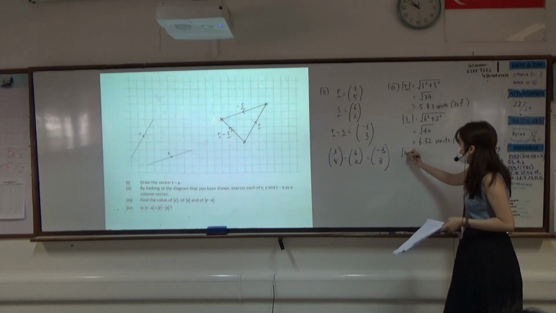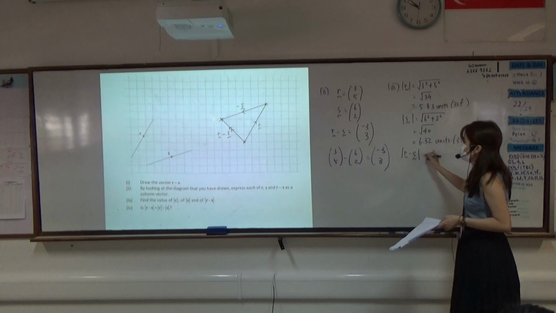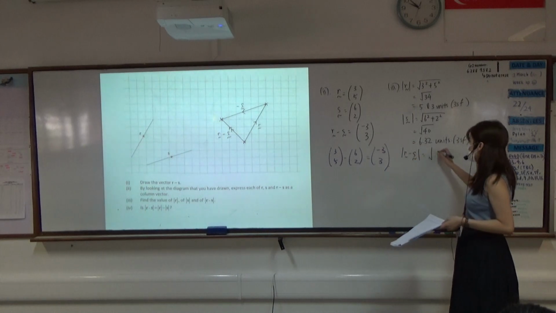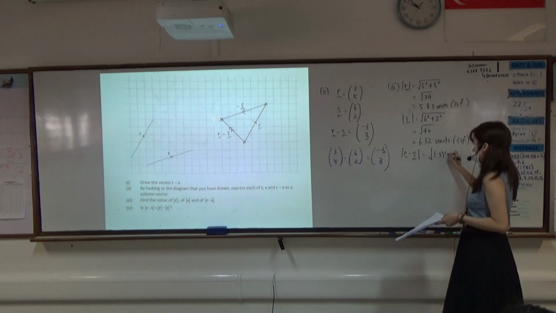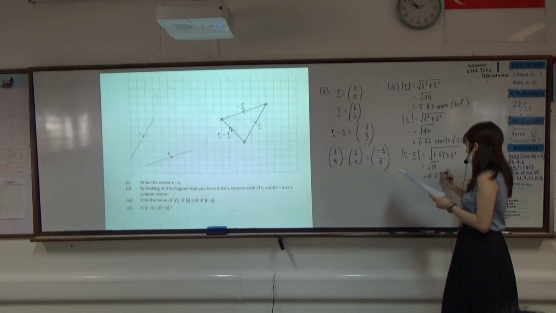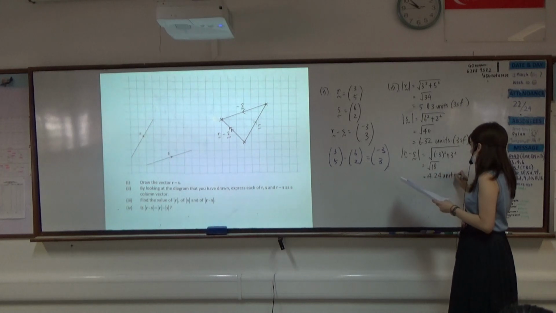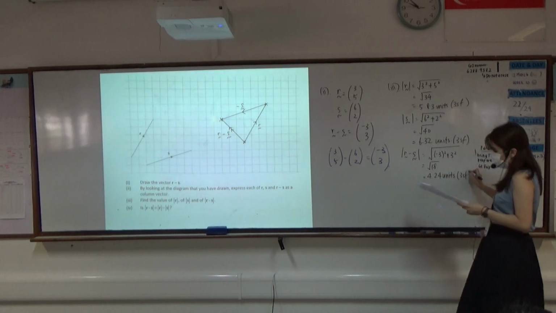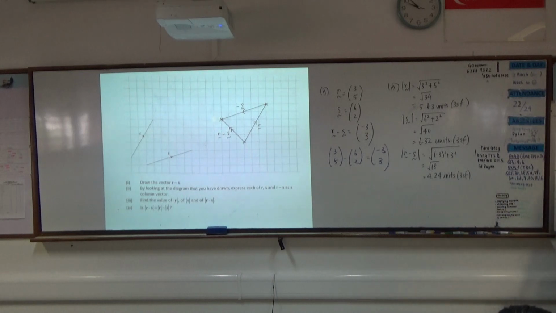And magnitude of R minus S, using the vector for R minus S, I get 4.24.